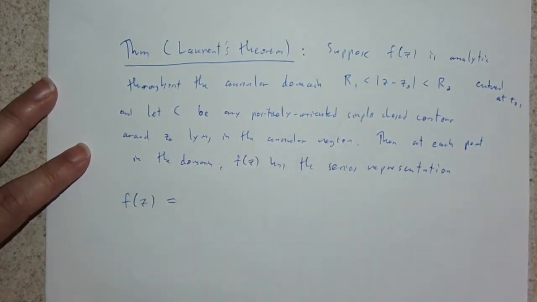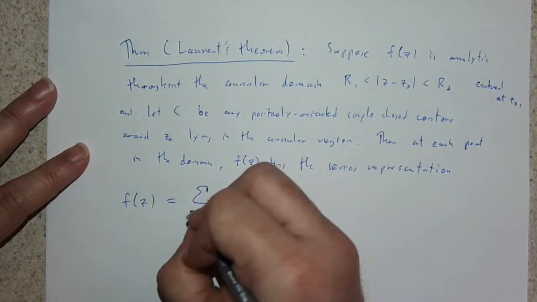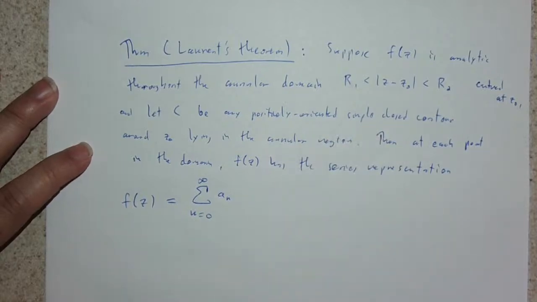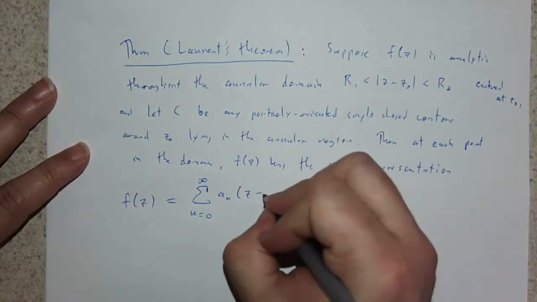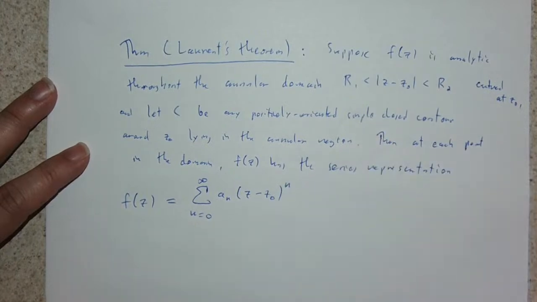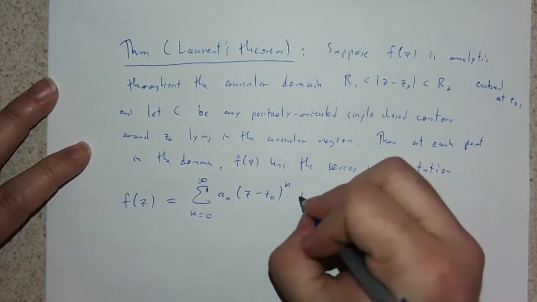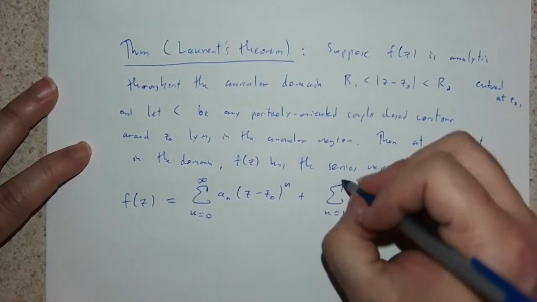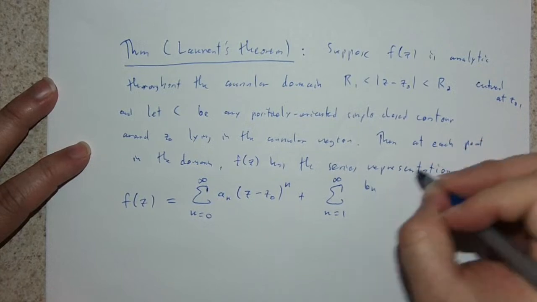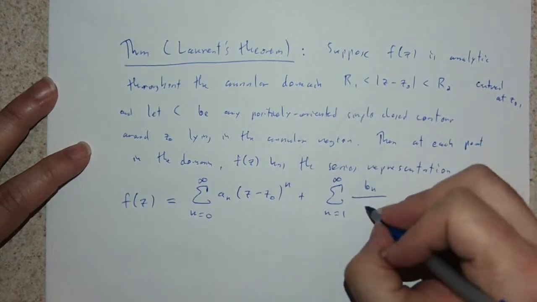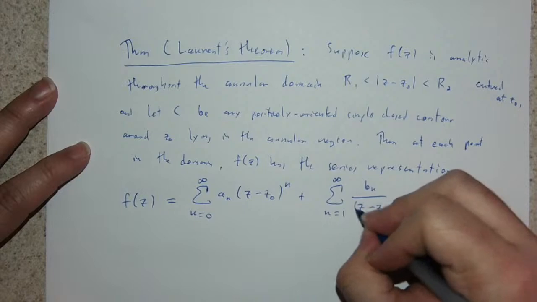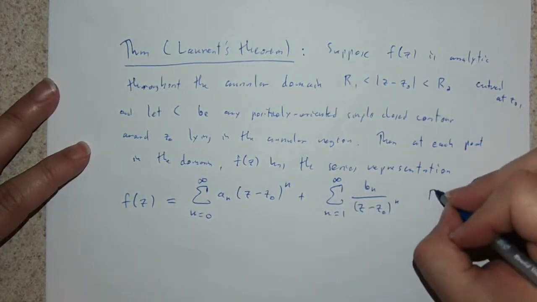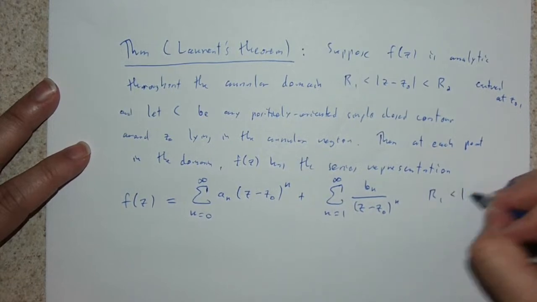So f of z is the sum from n equals 0 to infinity of a sub n times z minus z naught to the n, okay, plus a sum from n equals 1 to infinity of b sub n over z minus z naught to the n. And this is true for all z on this annular region.